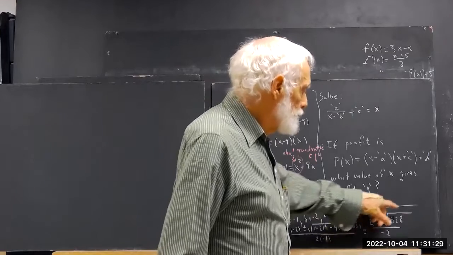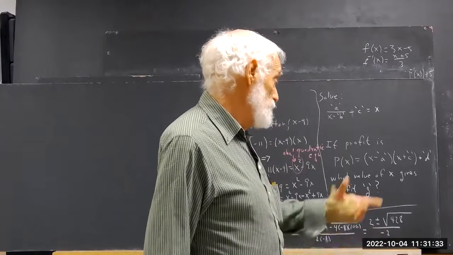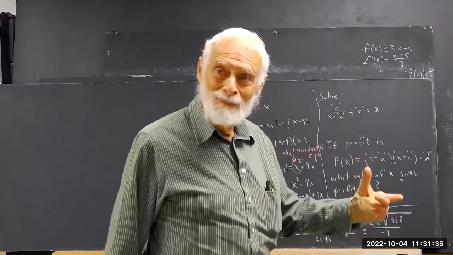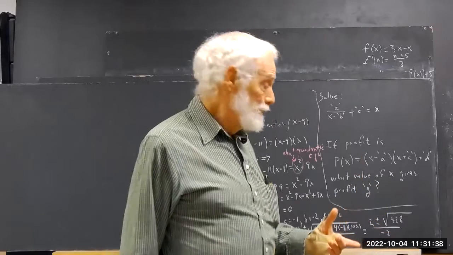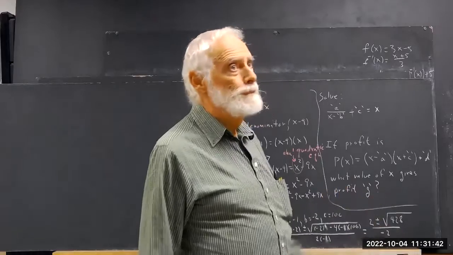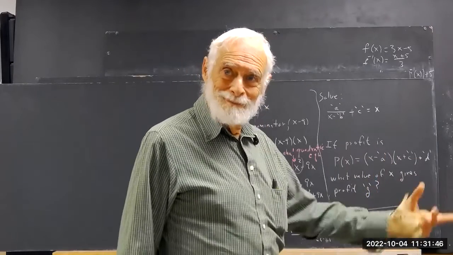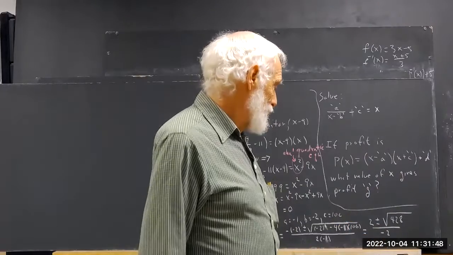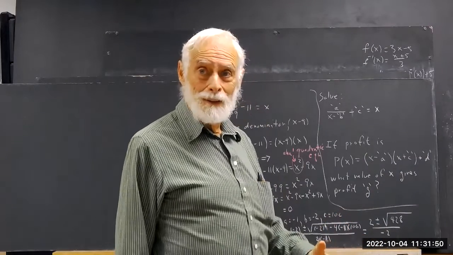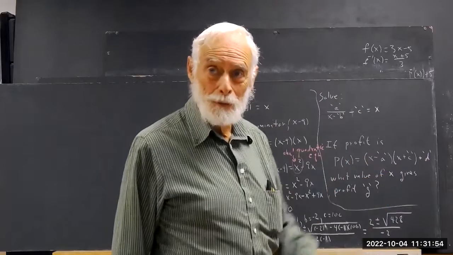Sorry, 2 plus the square root of 428, which comes out about 22.6 over 2, and -18.6 over 2, which is about -9.3.